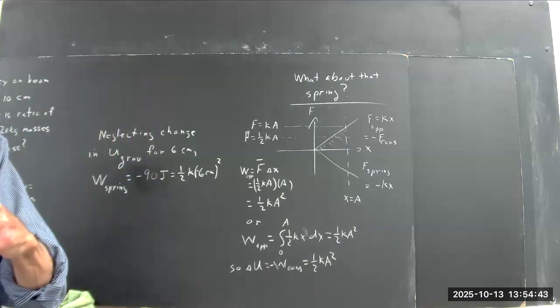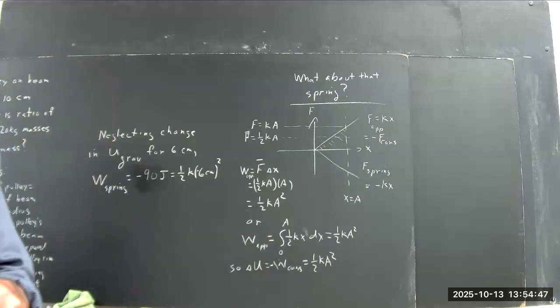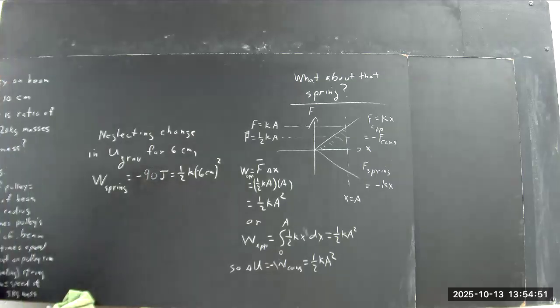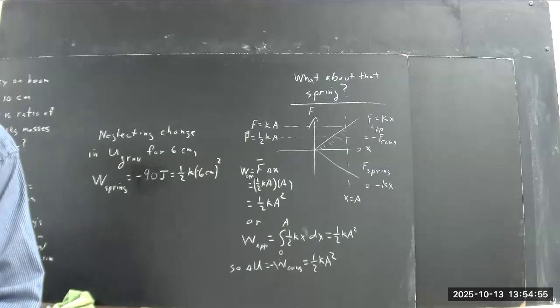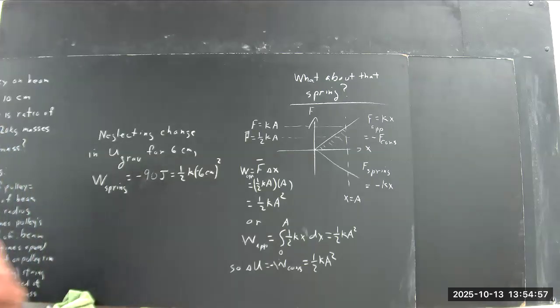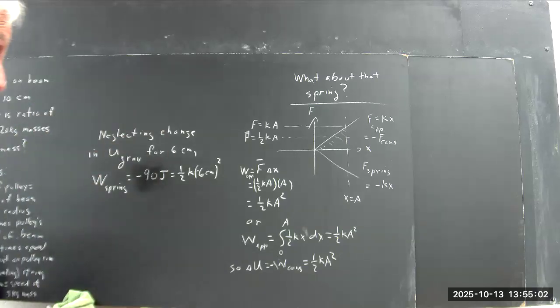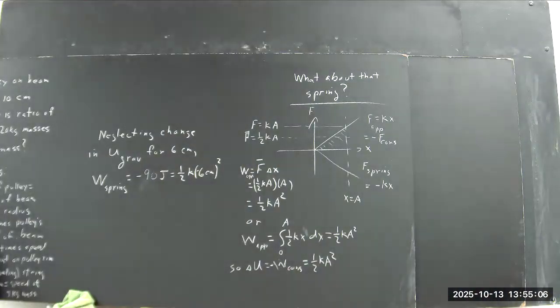The work to compress a spring a distance is the same as the work to extend it through that distance, as long as the spring is behaving like an ideal spring. We haven't squashed the actual metal, or exceeded the elastic limit by permanently stretching the spring. Okay, so that's really the answer to that, and we'll continue with that.